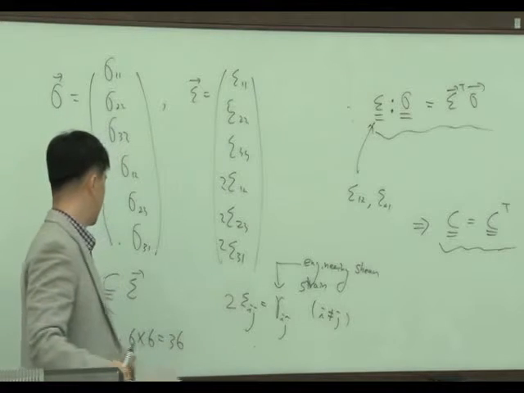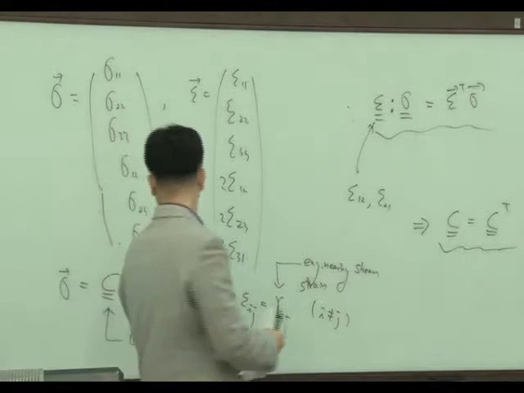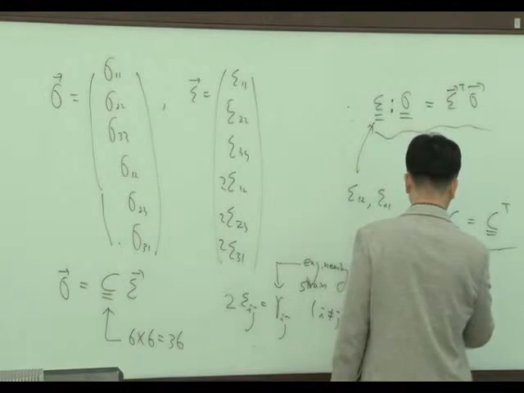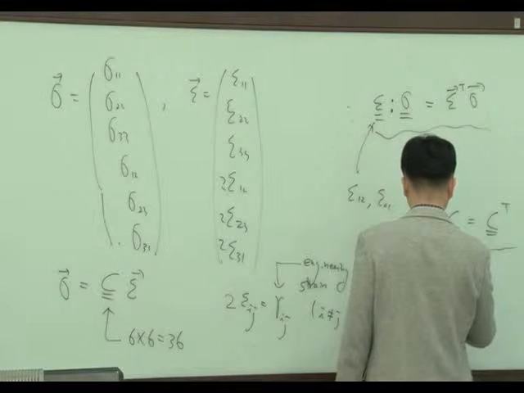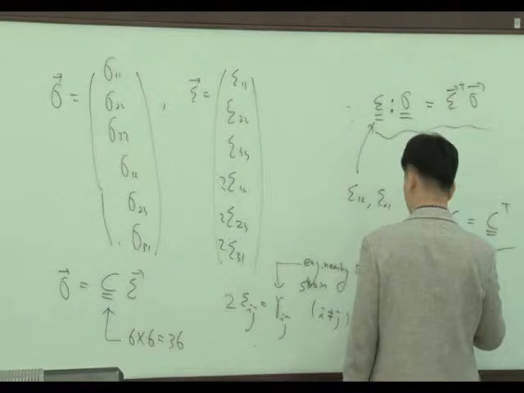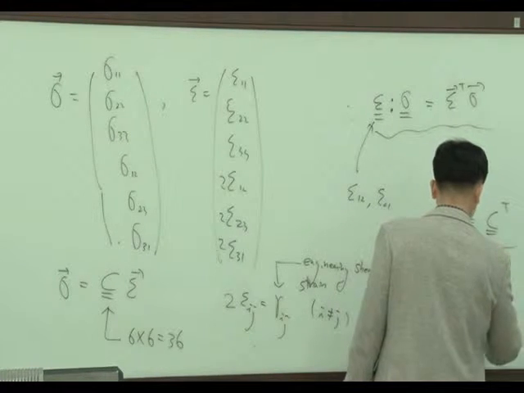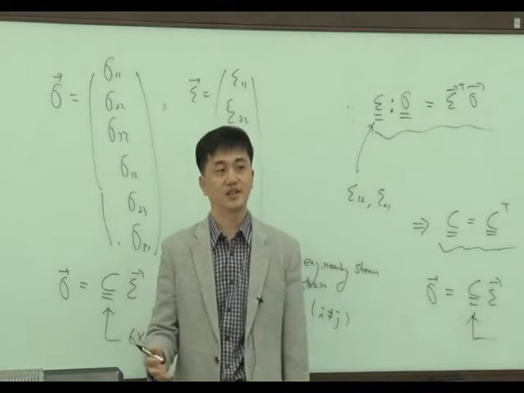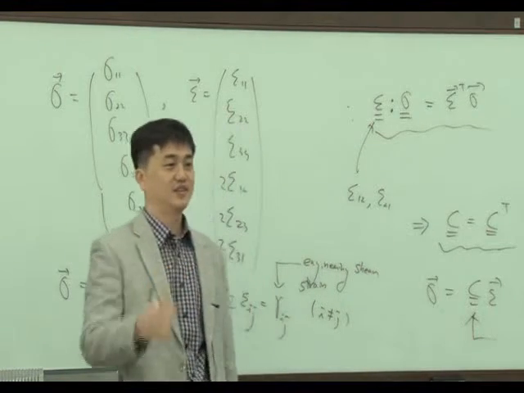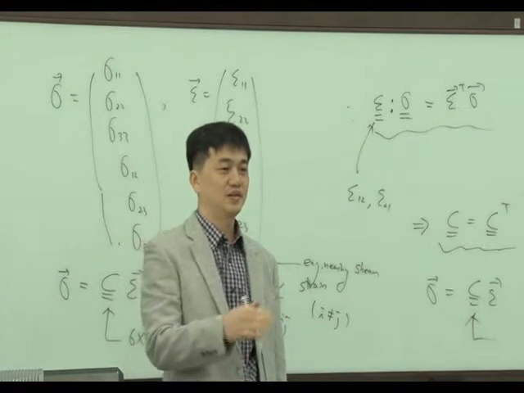Then originally C had 36 components. Now, how many independent components does C have? Because C is symmetric. On the diagonal, how many? 6.